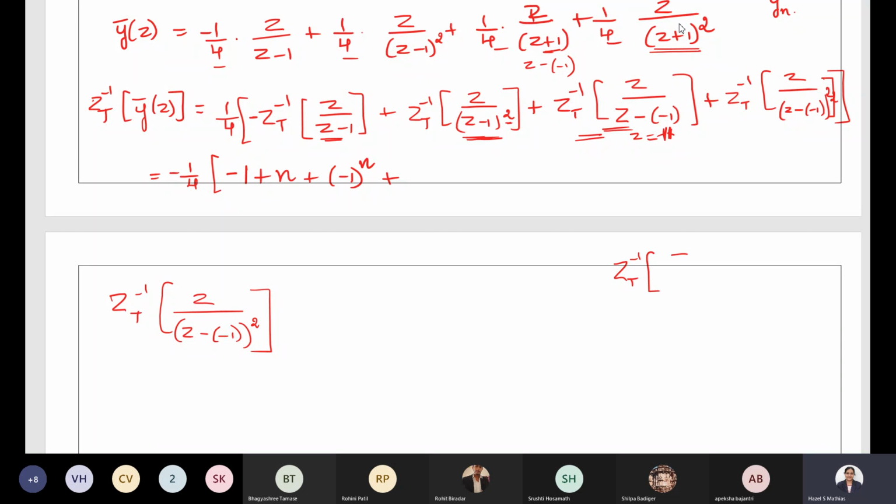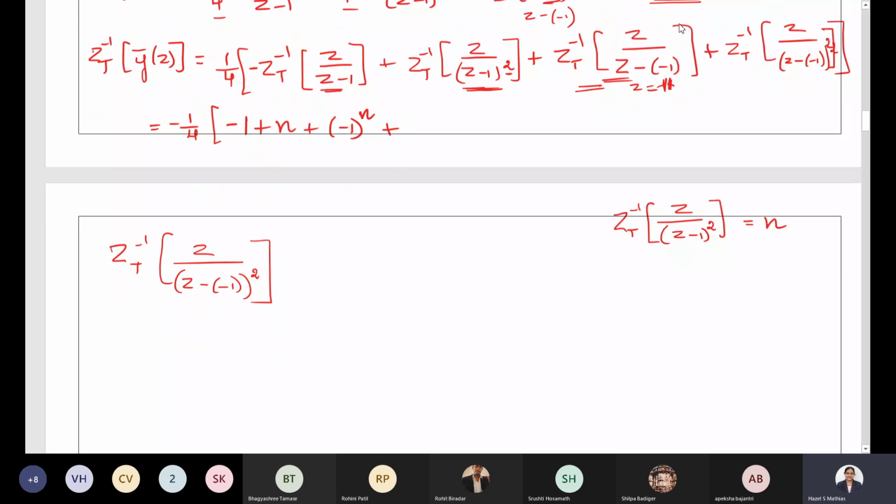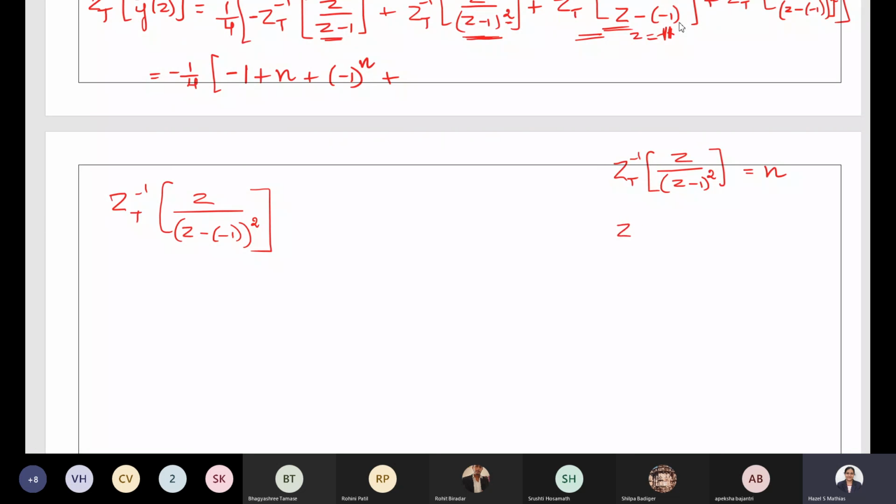According to that, inverse z transform of z by z minus 1 whole square is what? It is n, directly n. These are standard things you need to remember. But suppose if you have inverse z transform of kz divided by z minus k whole square, then it is k power n into n.